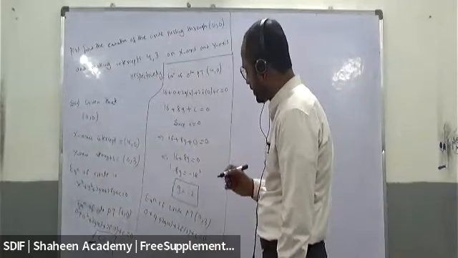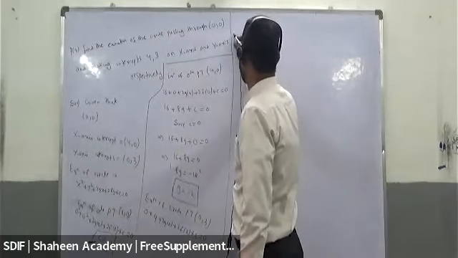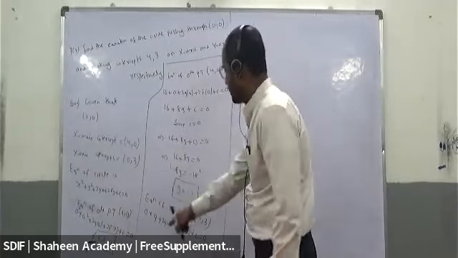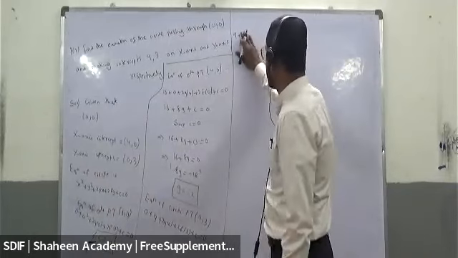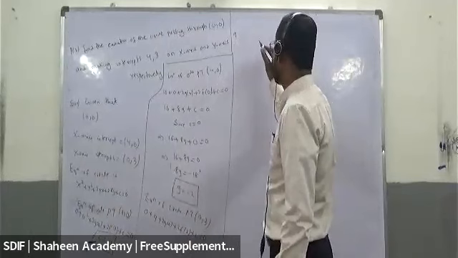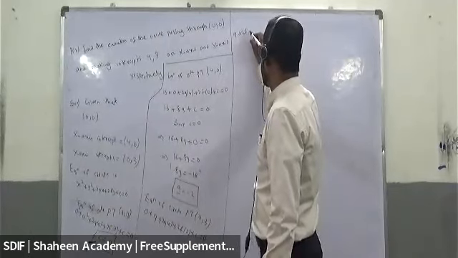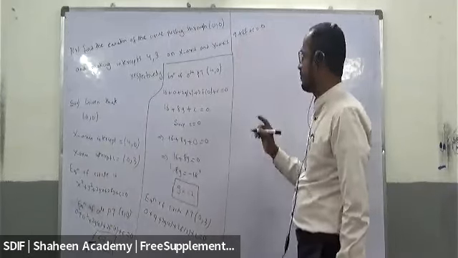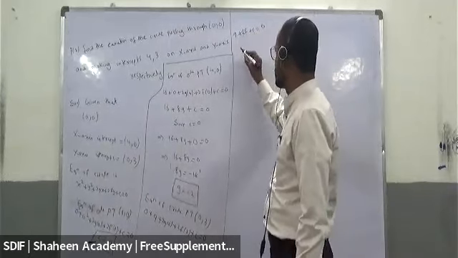So what we are having, 9 plus 2g into 0, anything into 0 is 0 only. So just only 6f, 9 plus 6f plus c is equal to 0. Again, we are having the value c as 0.